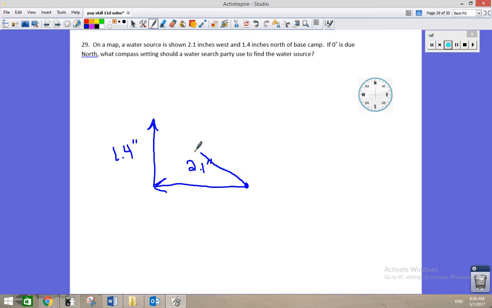So we want to find this angle theta, which is the inverse sine of 1.4, the opposite over, now I almost said the hypotenuse here, I'm getting sloppy on my picture, that 2.1 inches is associated with this leg.